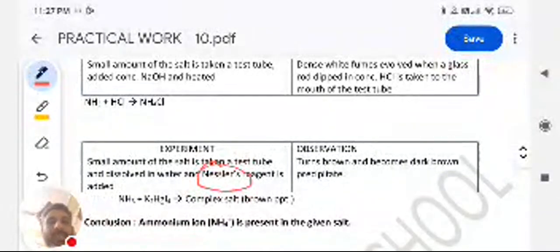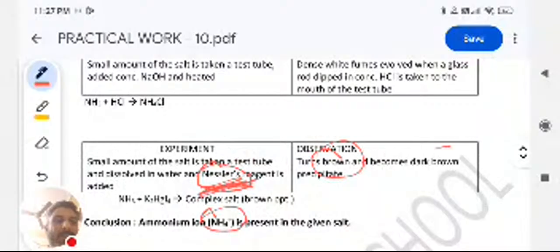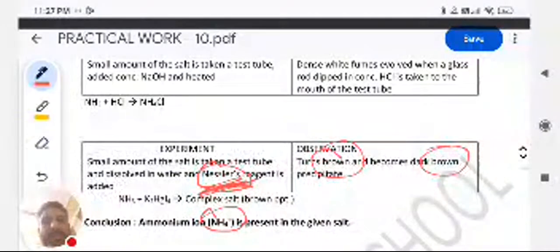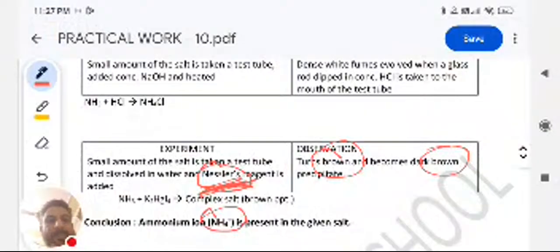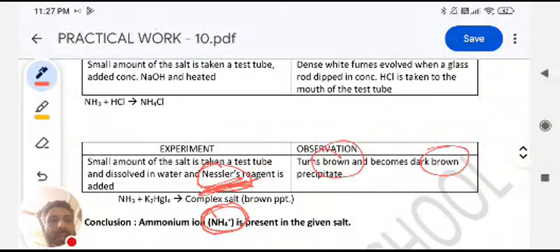Test for ammonium ion. Here for testing ammonium ion, you need to take a reagent called Nessler's reagent. When any salt solution which contains ammonium salt is treated with Nessler's reagent, the solution turns brown and finally forms a dark brown precipitate. So this is a test for ammonium cation.